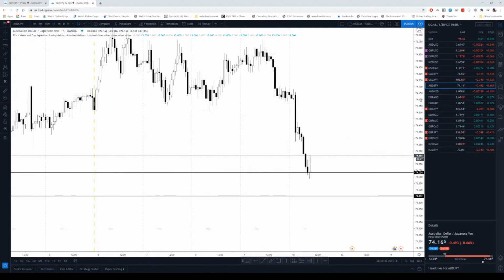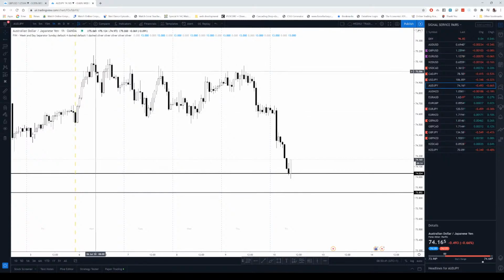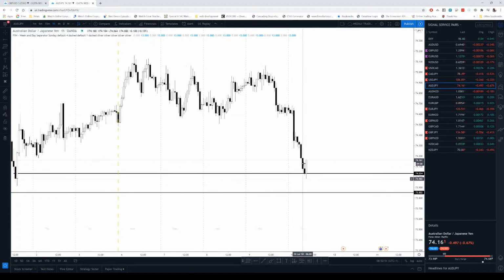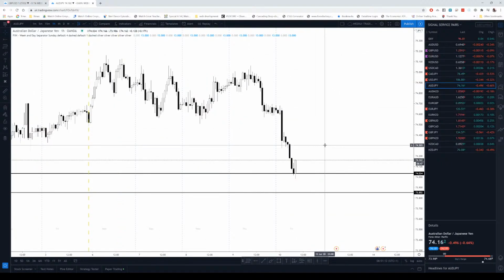I'll check it. I have some things I use to check if it's valid or not. I like the rejection, and I like the fact that they've left equal highs there. So I will check this, and if there's anything in it, I'll let my signal group know. It looks like a possible rejection, and I like it.